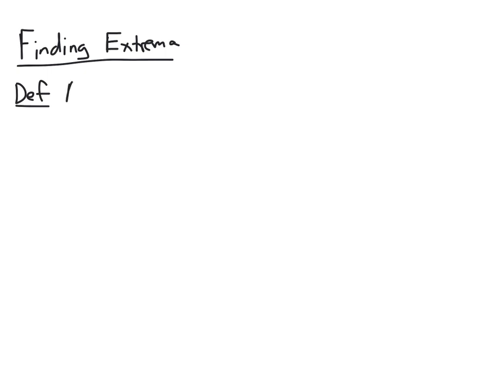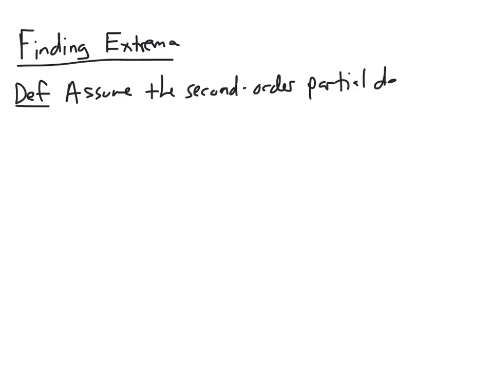So we're going to assume, for the purposes of this definition, that the second order partial derivatives of my function f of xy that we're studying are continuous.